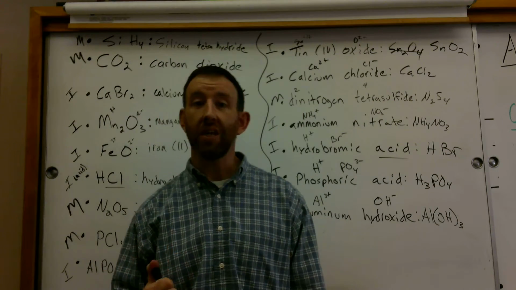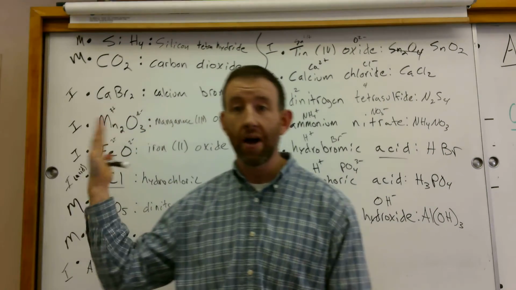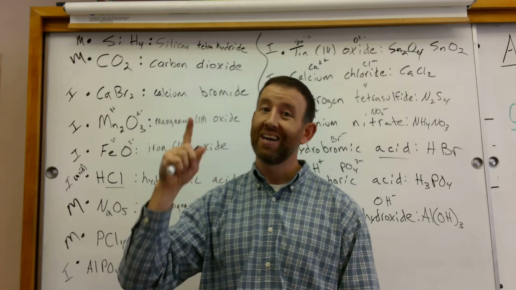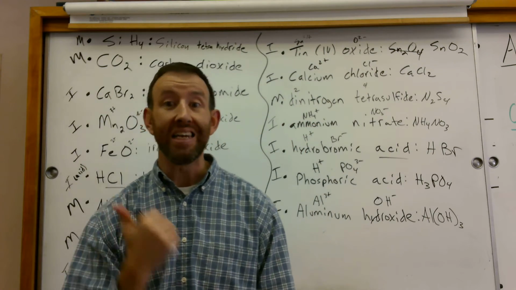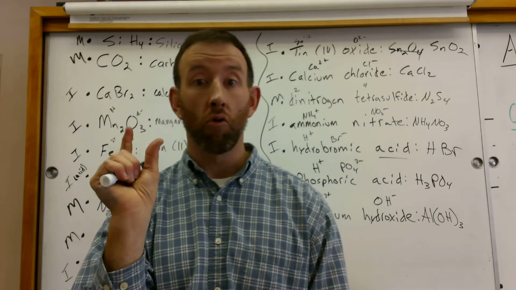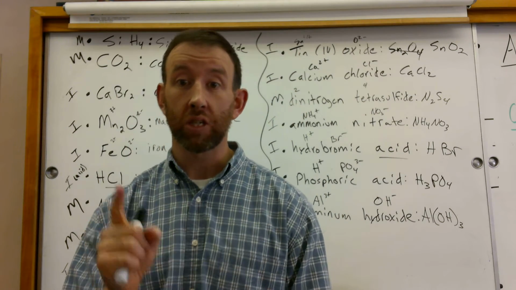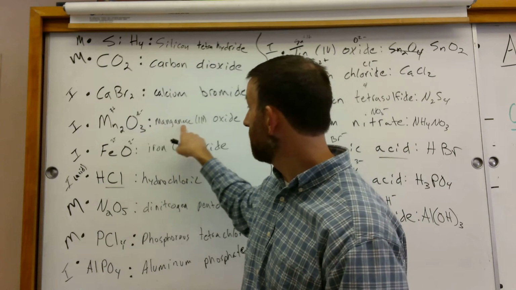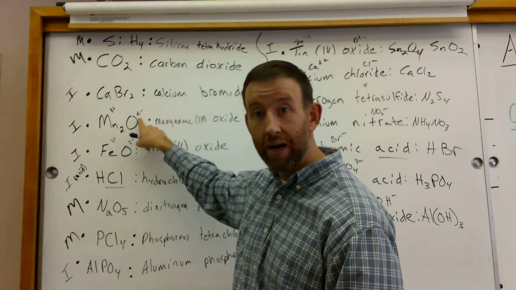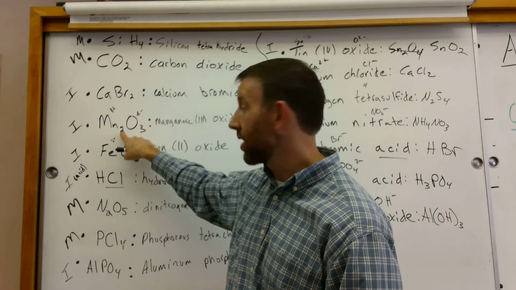Right. The only other thing you have to watch out for once you know ionic versus covalent or molecular is the transition metals, right? Because transition metals need a Roman numeral indicating their charge, in which case you either need to infer it here. So in the case of manganese oxide, I know oxygen's a -2. That's why that 2 is there, right?